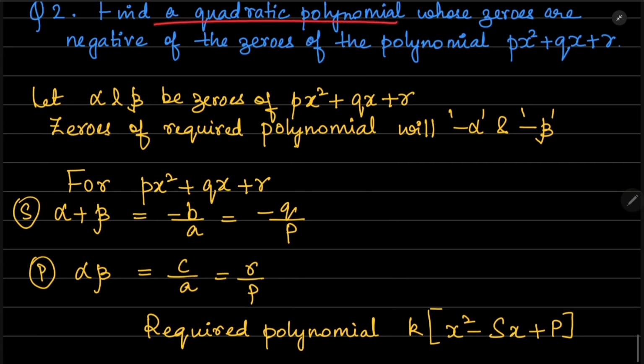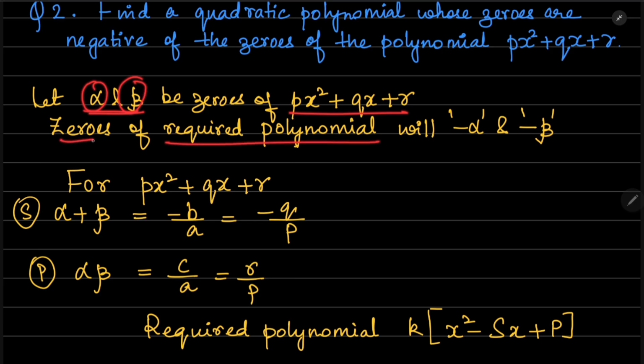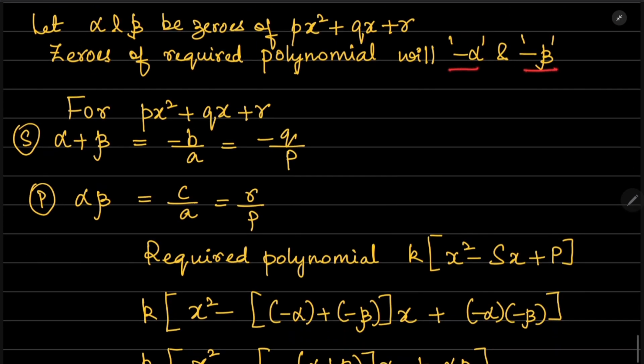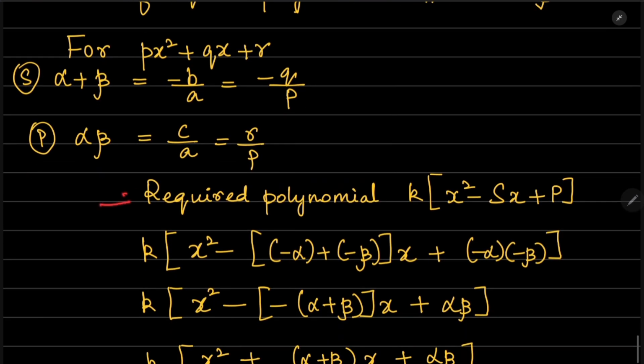You have to find the quadratic polynomial whose zeros are negative of the zeros of the given one. If the zeros of the given polynomial are alpha and beta, the required polynomial zeros will be minus alpha and minus beta. For these two zeros, you write the required polynomial as k into x square minus sx plus p.